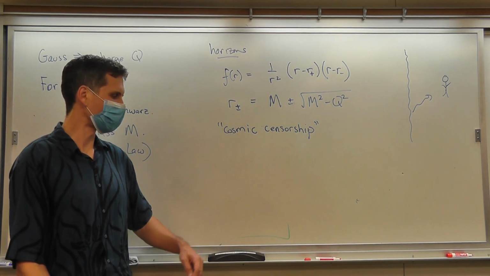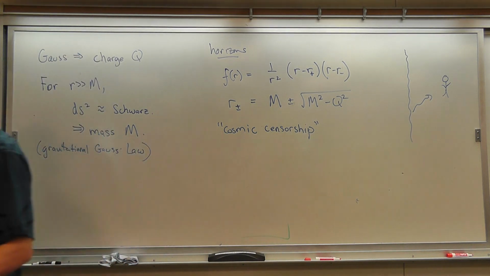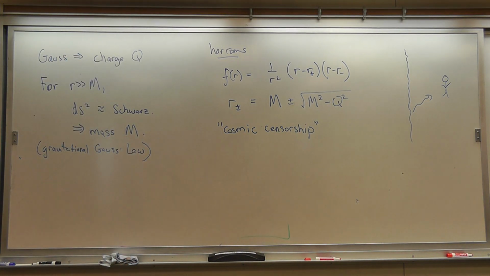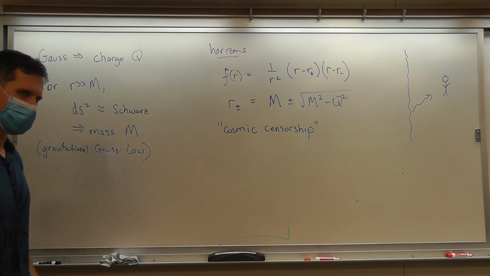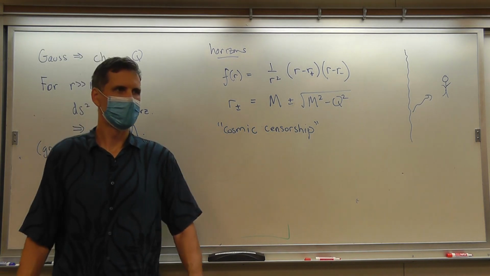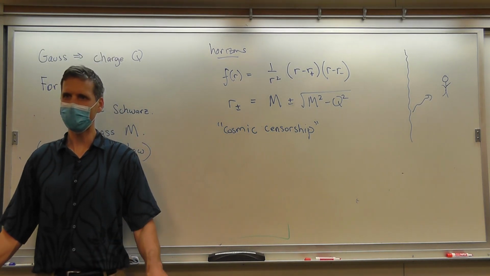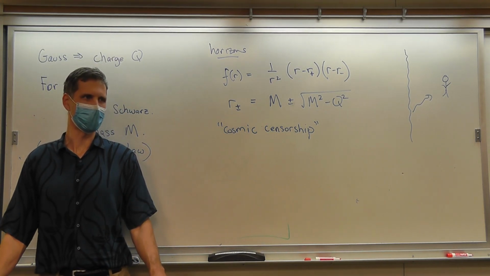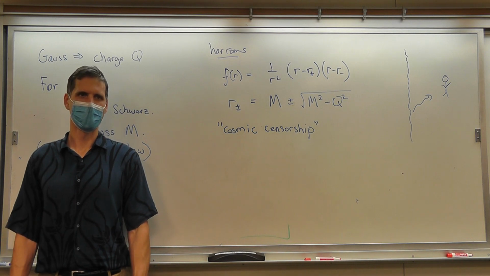I think it's important to clarify here that cosmic censorship, at least the way we usually talk about it, is a conjecture about PDEs. Right? It's a conjecture about classical solutions of equations of motion of gravity coupled to matter.